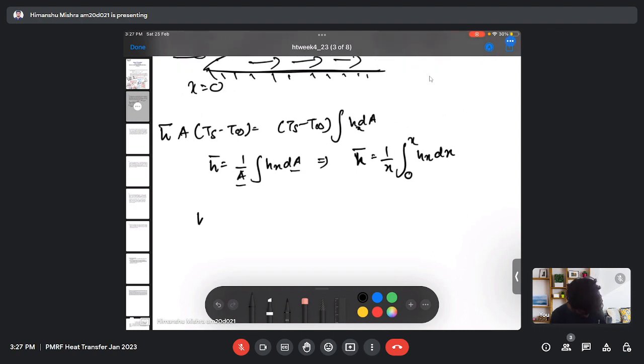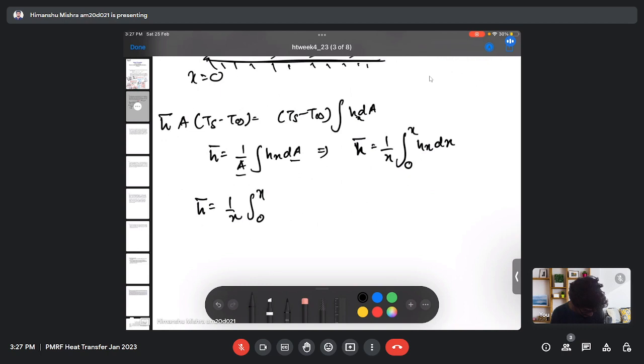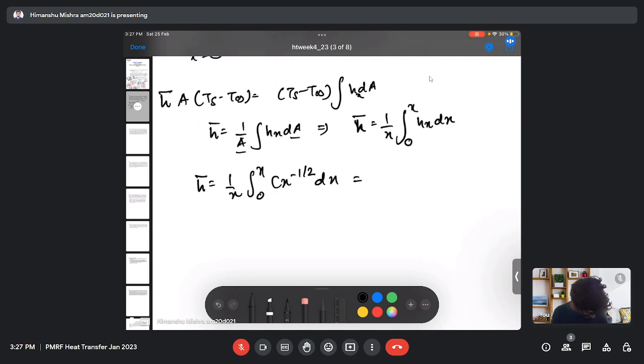So we just need to integrate it, and my hx is given as c x to the power minus 1 by 2, dx. So after integrating it, I can directly write this.